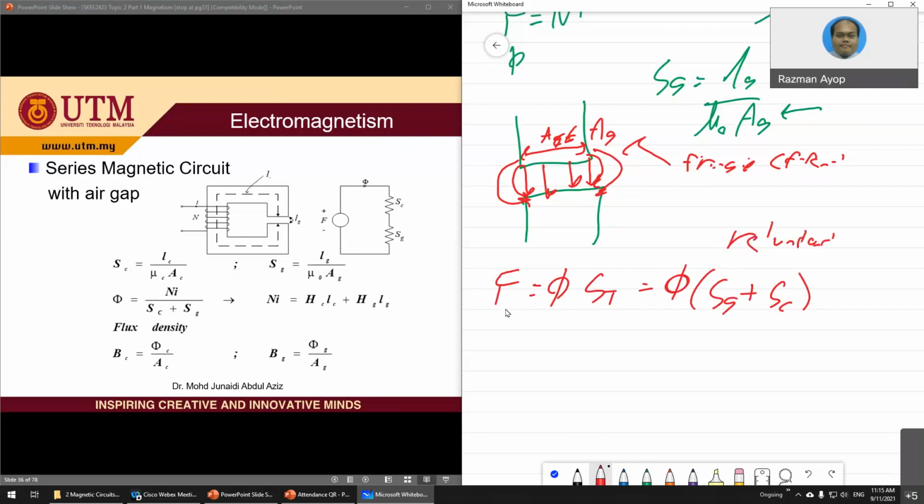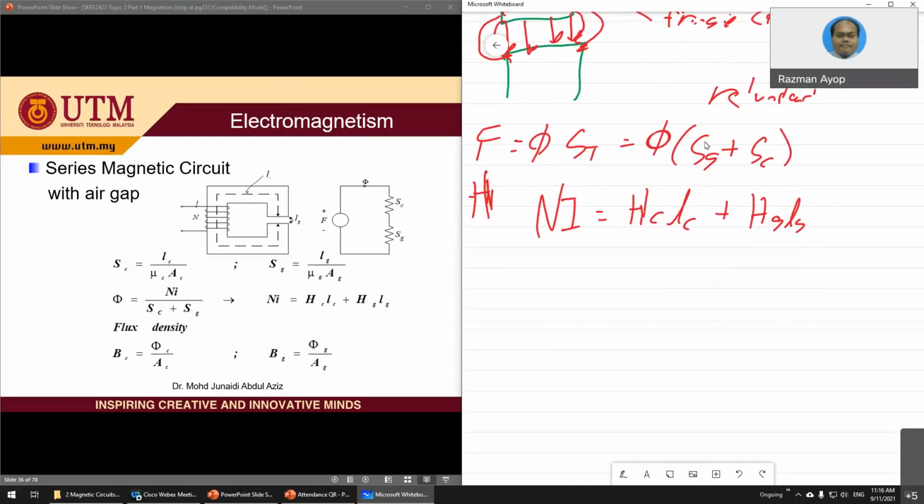If you don't use reluctance, you can use the magnetizing force H. If you use this, you just do a loop here. At the core, instead of using reluctance and flux, you use Ni equals to H core times the length of the core, plus H gap times LG.